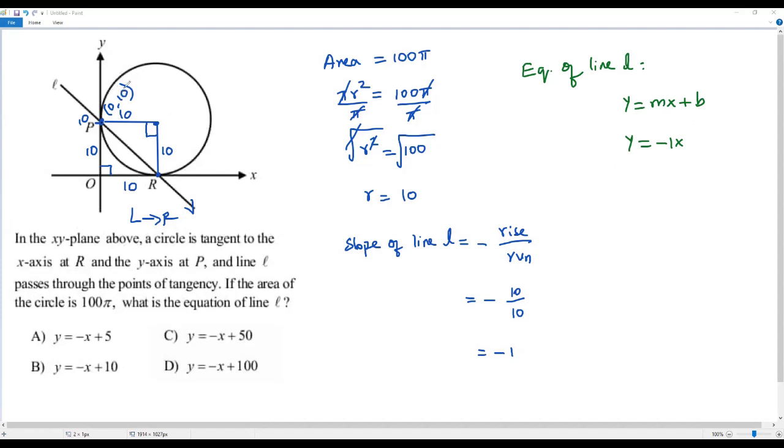Just now we got the y-intercept as the point 0, 10. So here the y-coordinate is 10. This is the value of b. So we can plug in 10 for b. We get y equals negative 1 times x, that is negative x, plus 10. Here I got the equation of line L, that is y equals negative x plus 10. And I find this exactly in answer choice B. The correct answer choice for this question is B.